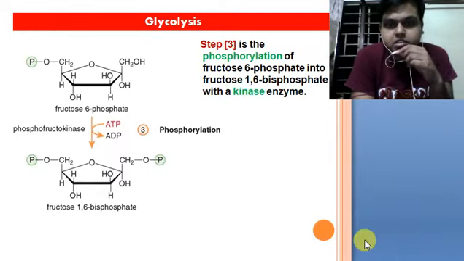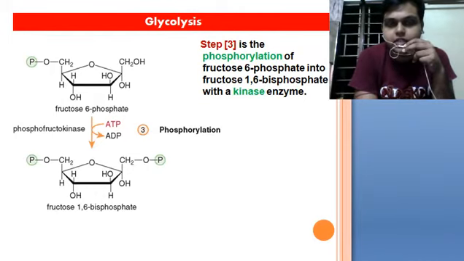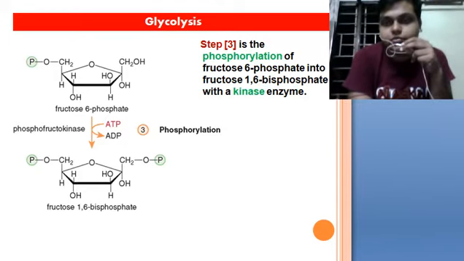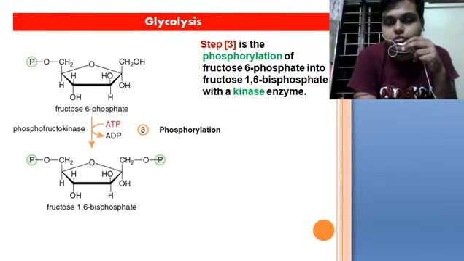This is a phosphorylation. The enzyme involved in this reaction is phosphofructokinase, and step 3 is the phosphorylation of fructose 6-phosphate to produce 1,6-bisphosphate, along with the conversion of ATP to ADP.